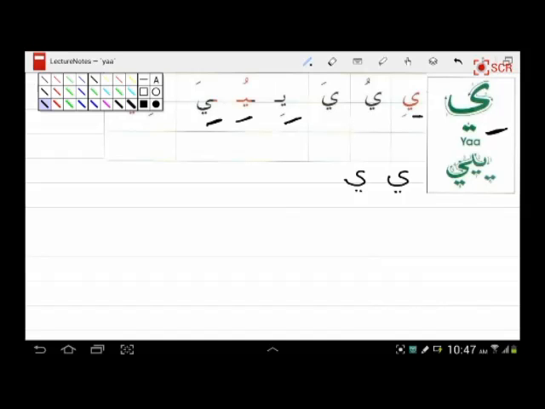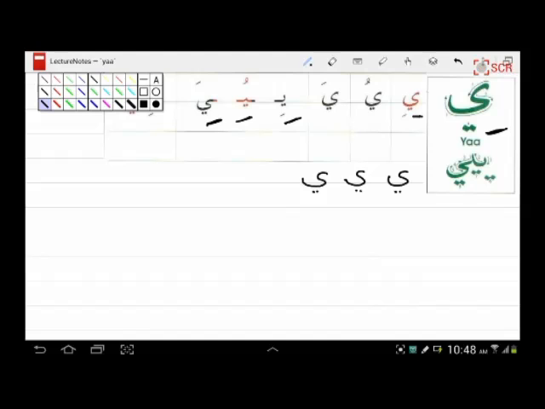I guess that's very precise. Okay. That's weird. Okay, so your hands need to get used to that. And that's the ya in the main form.